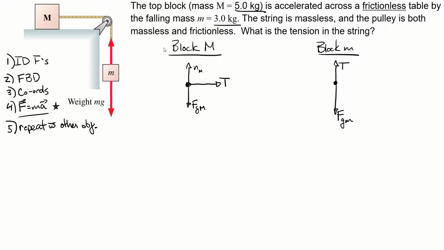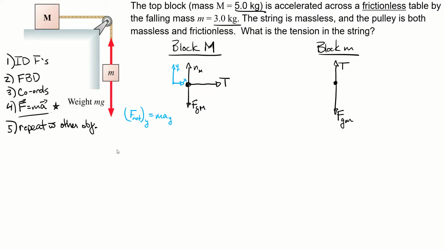So let's do this. Let's start with block capital M. We're going to have to do both eventually, so we might as well pick that one. We've already done steps 1 and 2. Let's pick a coordinate system. Let's call this Y and this X. Let's look at F net in the Y direction, and that's going to be equal to M a_y, right?